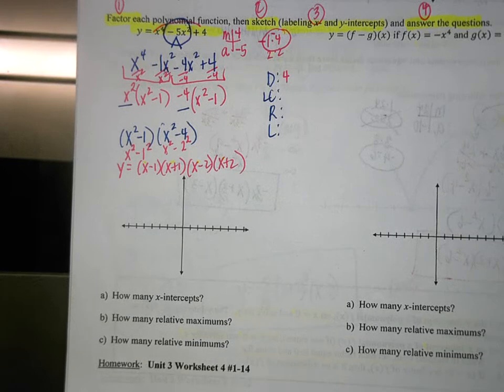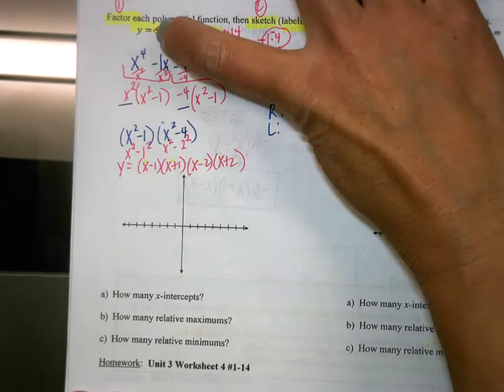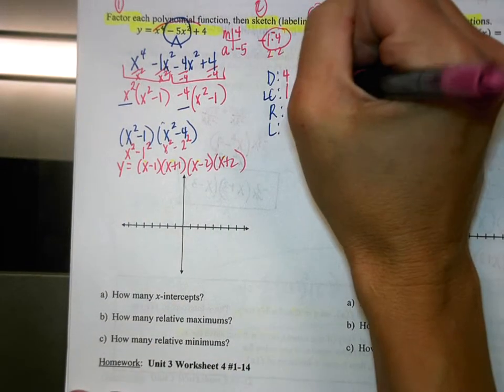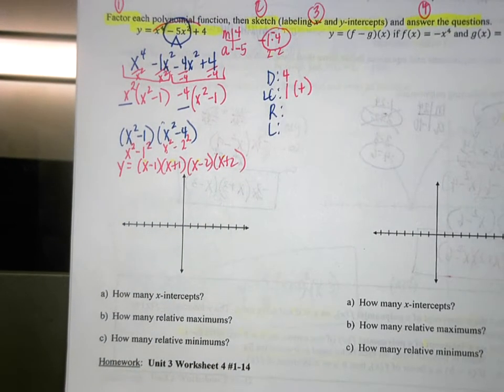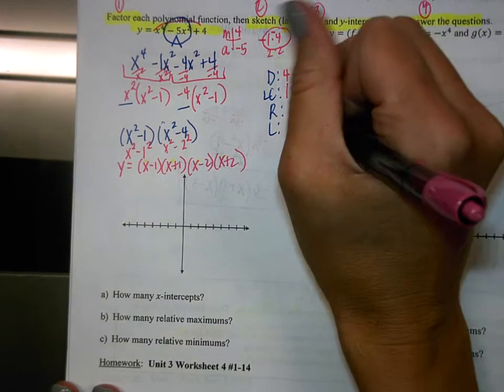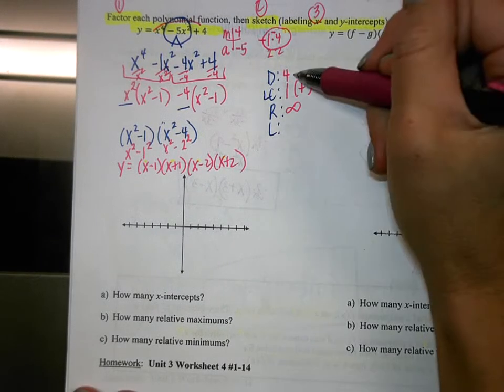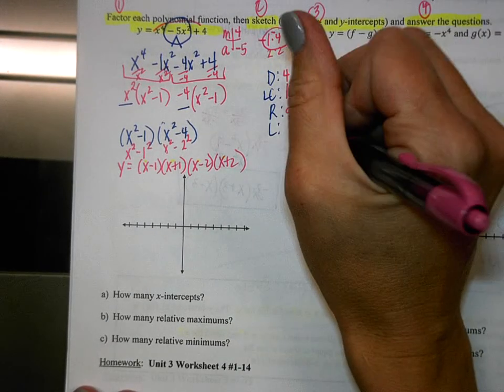Looking back at our standard form, it's easiest to see there, my leading coefficient is what? 1, and specifically it is positive. Because my lead coefficient is positive, my right-hand behavior goes to positive infinity, very good. And because it's an even degree, the left-hand behavior goes to positive infinity.